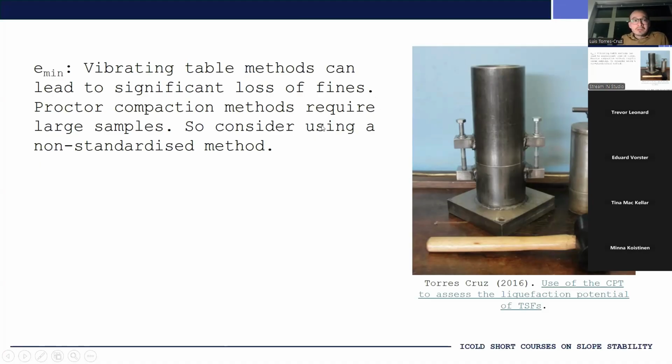So you can consider using a non-standardized method like the one described in that reference that I showed a while ago. I also did this. I developed a non-standard method for my PhD thesis, and it's also described there in quite some detail. And this is the sort of equipment that I use to measure that E-min.